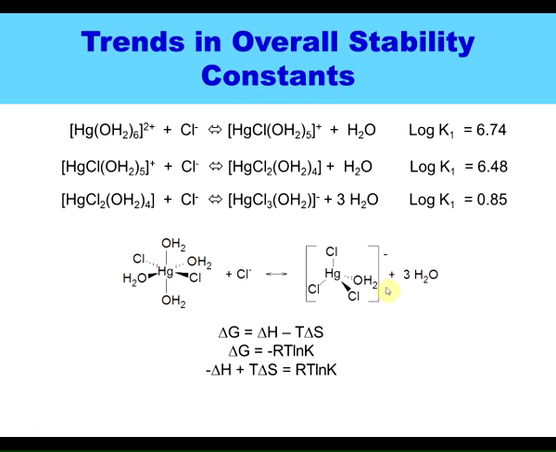Now also when we're looking at the overall stability constants, remember that the stability constants, those equilibrium constants, are related to the delta G. So delta G equals negative RT ln K. So the larger that K value, and you've got the negative out in front, the more favorable the reaction is. And remember that for the free energy value, delta G, negative values are spontaneous reactions.